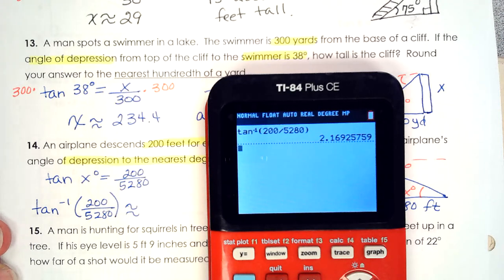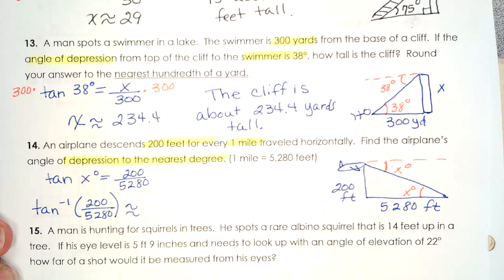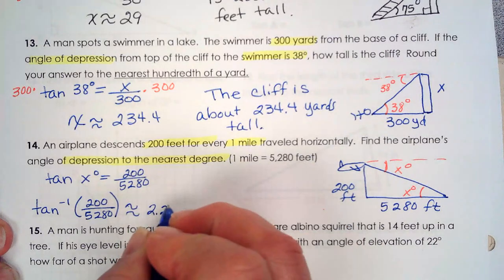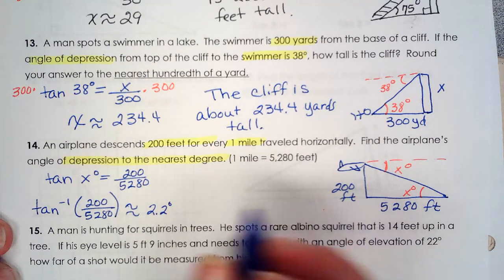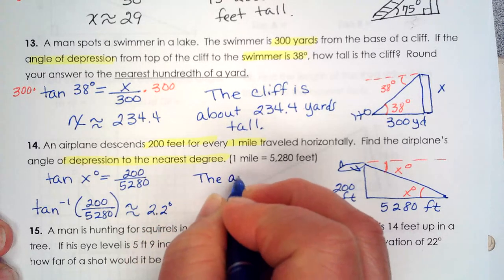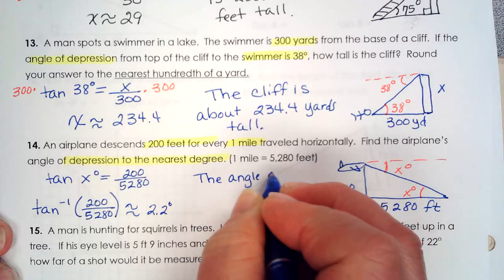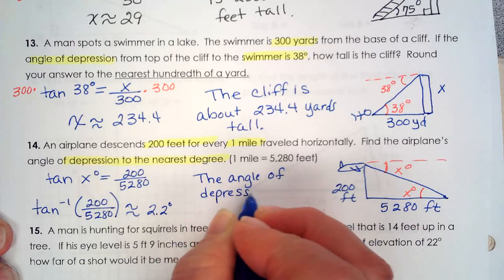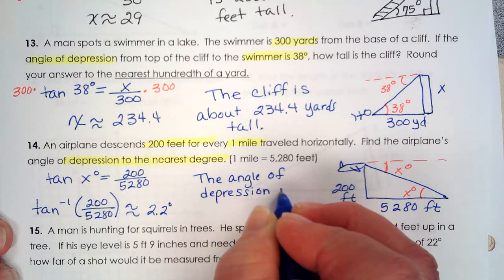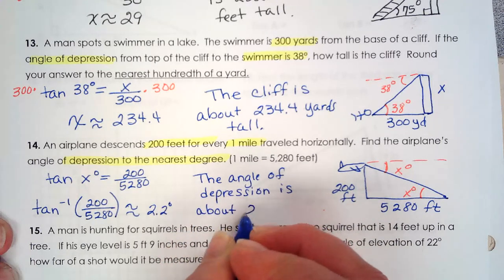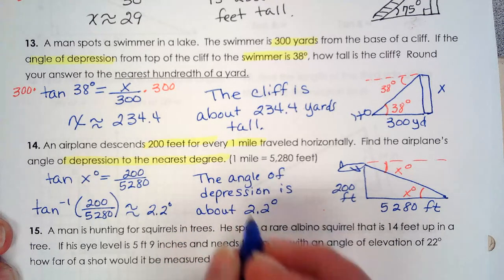So it's approximately 2.2 degrees. So the airplane's angle of depression is about 2.2 degrees, 2 2/10 degrees.